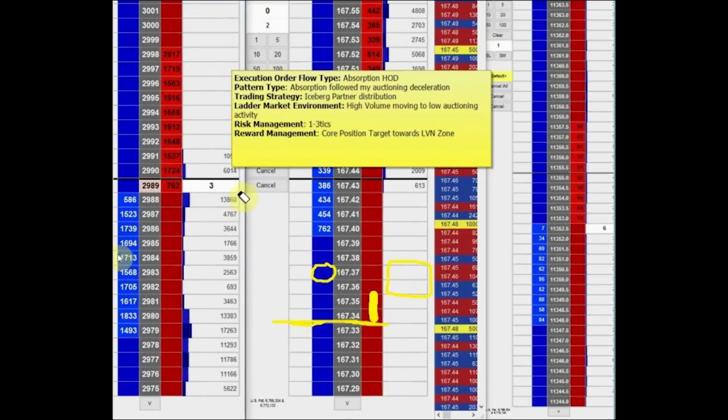Remember, you always know what an absorption at the high of day or the low of day is when you understand your market intrinsically well. And so, in the oil market, it might be a 300 lot and a 400 lot being distributed at the high of day. In the Euro Stocks, it's between 7 to 10,000 lots.